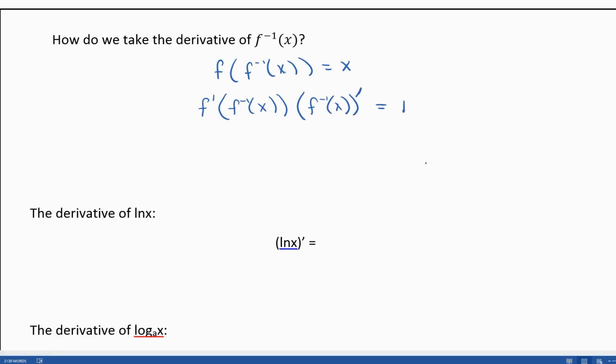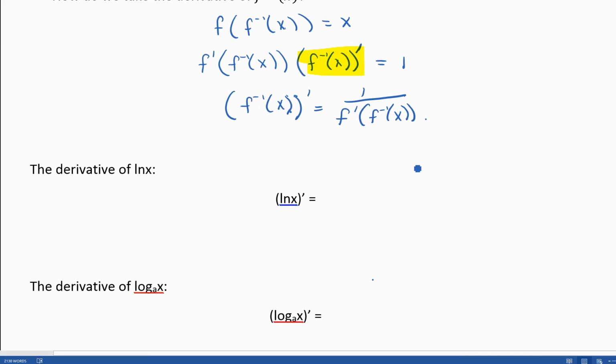So this right here is what we're trying to solve for. And we can solve for it and say that the derivative of f inverse of x is equal to 1 over the derivative of f composed with f inverse of x.